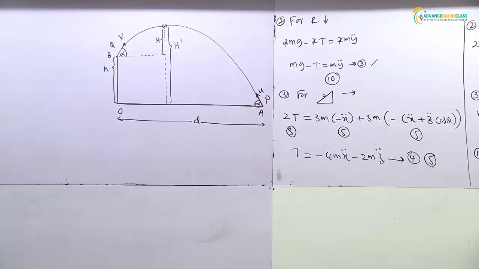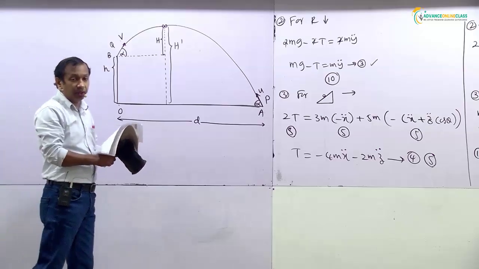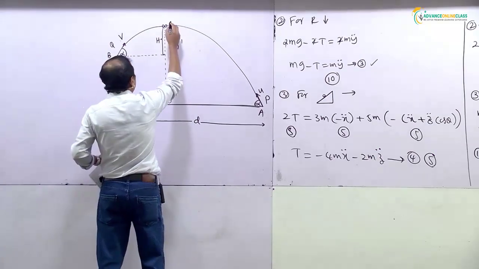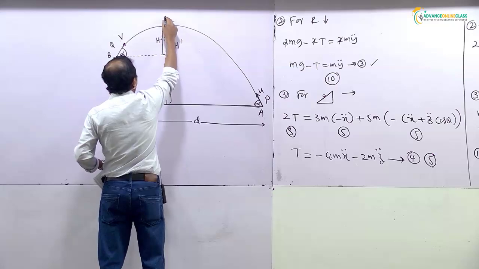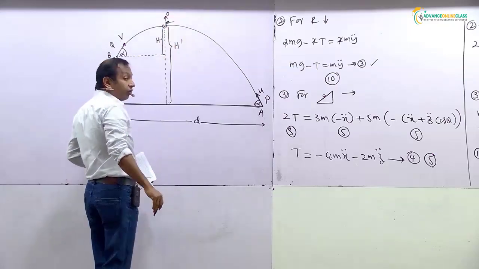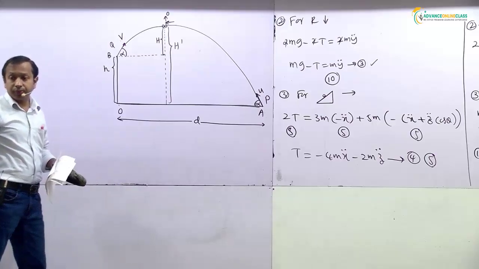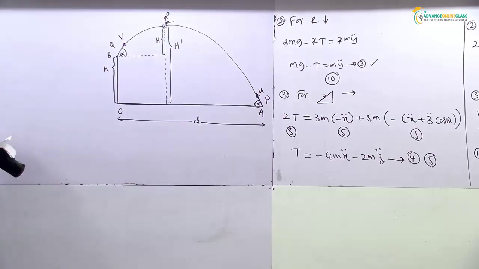Particles collide in the mid-area. Mid-area doesn't mean in the midpoint. Mid-area means in the space above the level of B, while the particle P is moving horizontally. When a particle in projectile motion moves horizontally, its vertical velocity is 0.